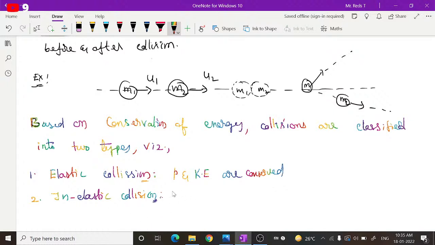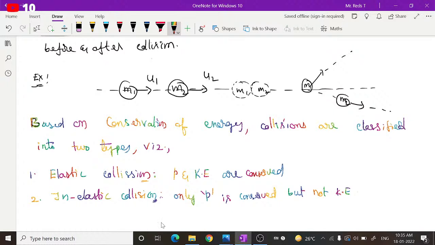Whereas what is inelastic collision? The collision in which only momentum p is conserved, but not kinetic energy, is called inelastic collision.